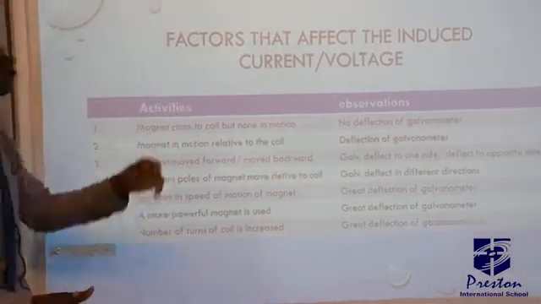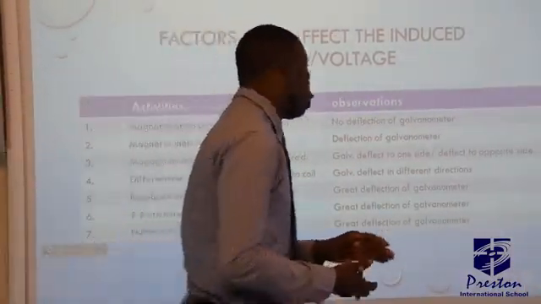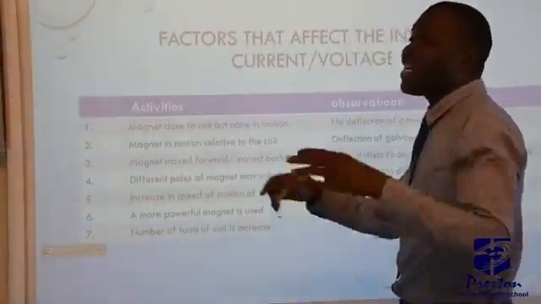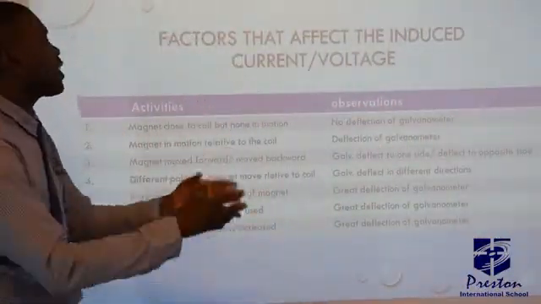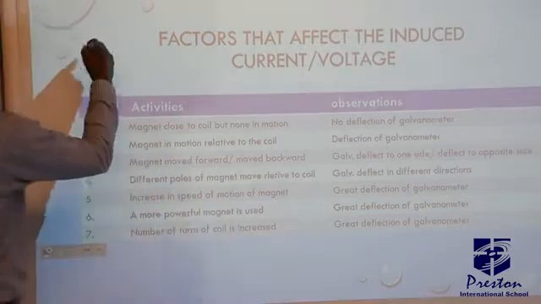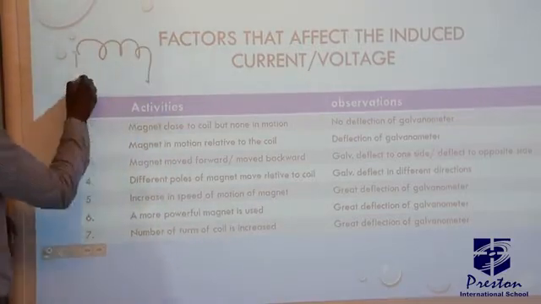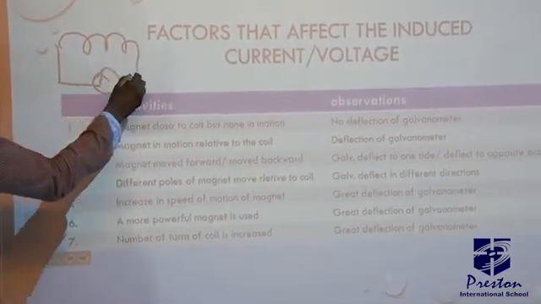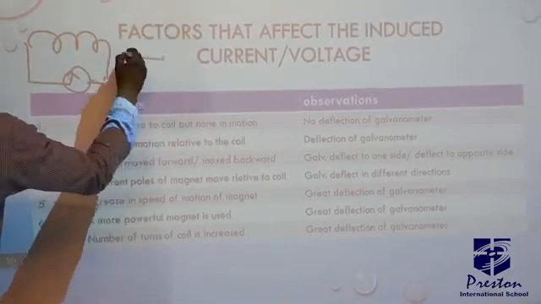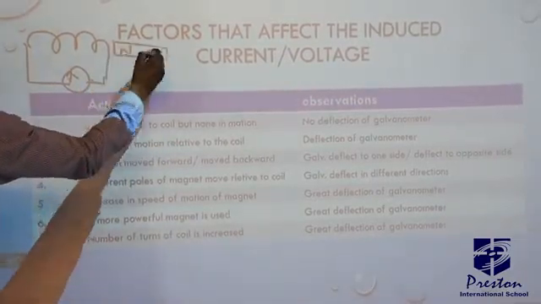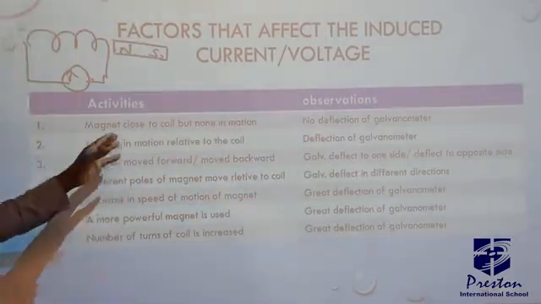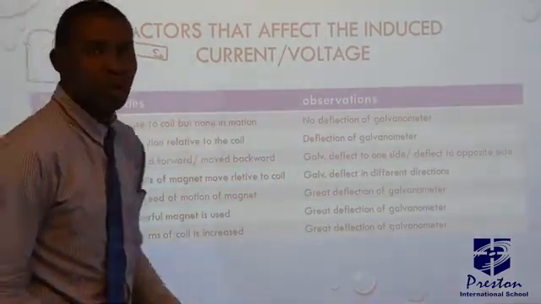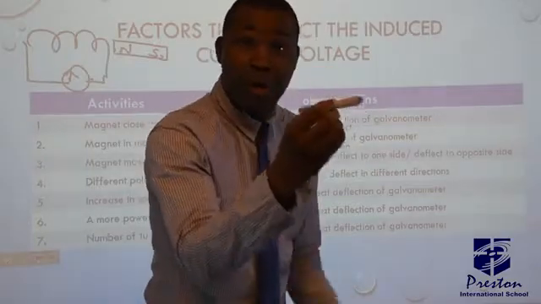Now, these are factors that affect induced current or induced voltage. In that diagram I showed you before, we carry out the experiment, having that setup like that, and then we have a magnet. These are the activities carried out, and these are the observations. Number one, the magnet is close to the coil but not in motion.